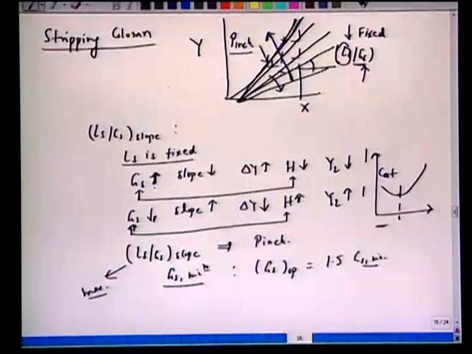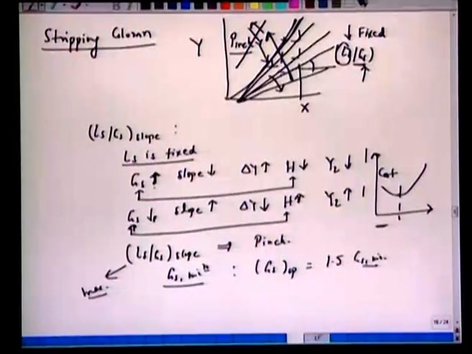In case of absorption column, Gs is fixed and the operating curve moves in this direction or in this direction away from the equilibrium curve, depending upon whether we are taking a small amount of Ls or a large amount of Ls. So once we have identified this, now let's get back to our numerical calculations.